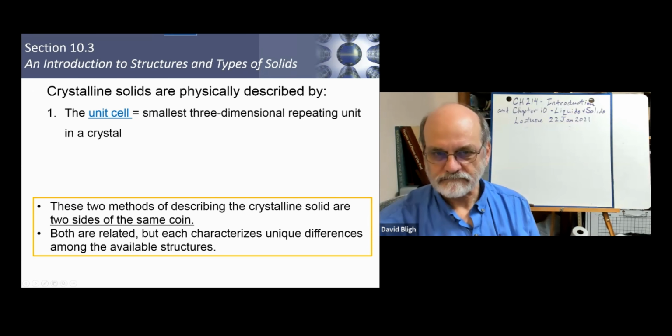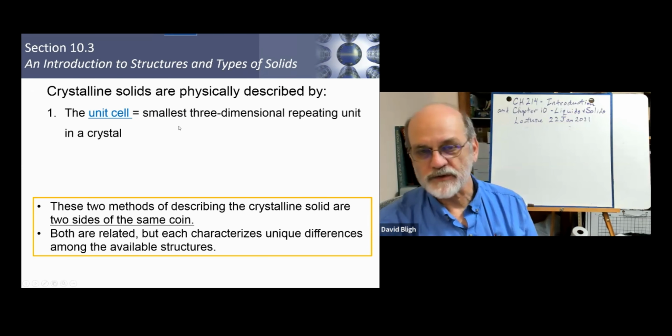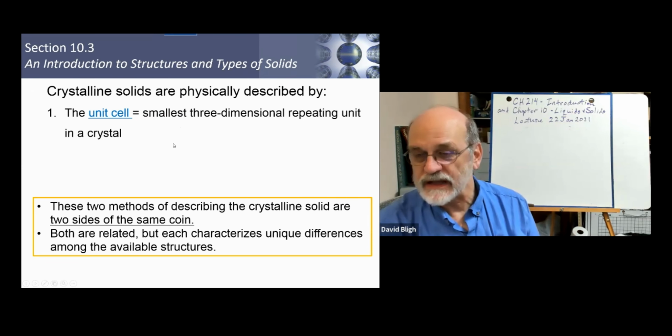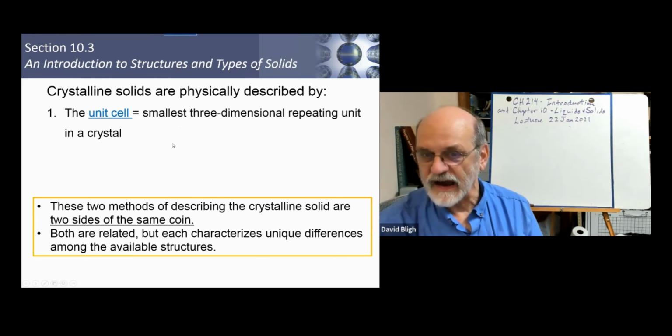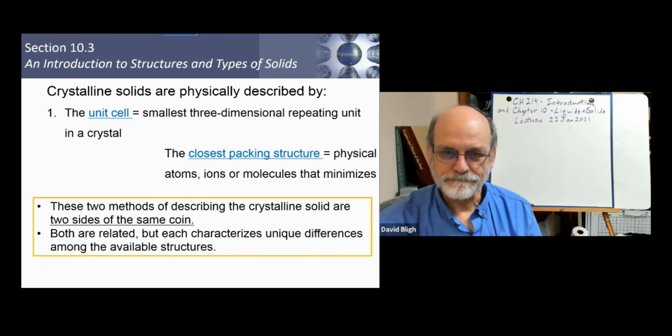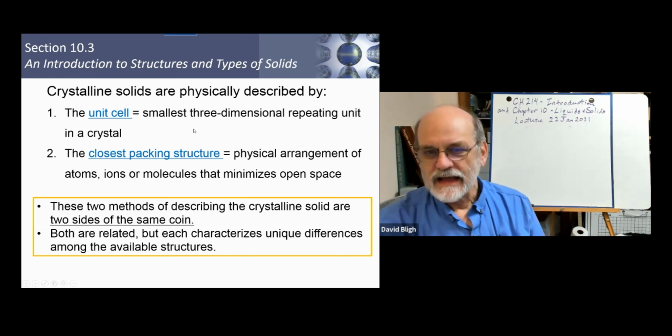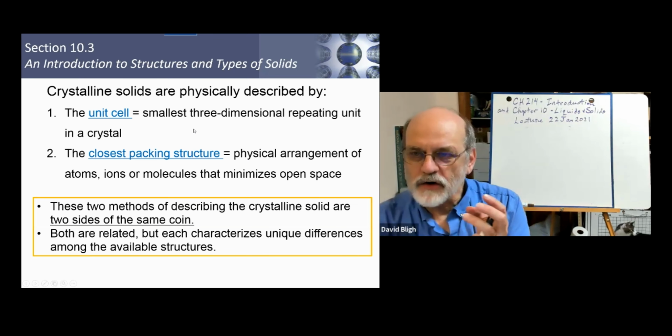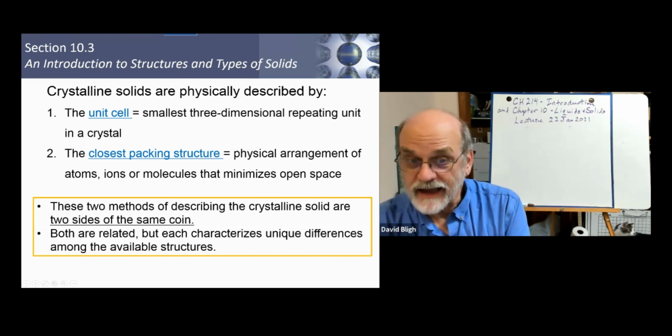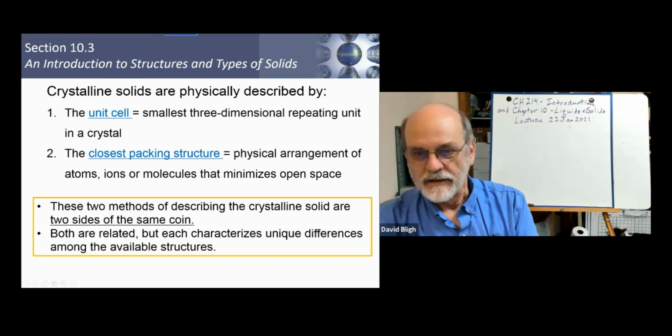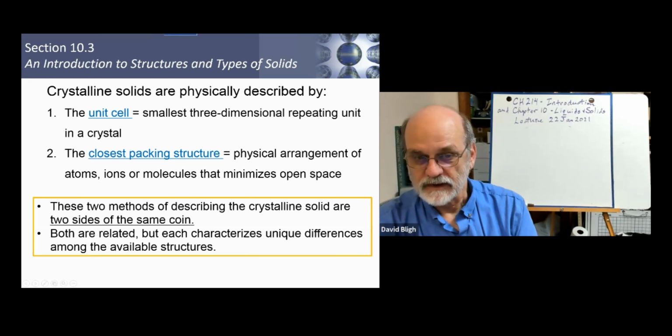Okay. The unit cell, we said before, was the smallest three-dimensional repeating unit in a crystal. That's a fact. Then we look to how those unit cells are packed together. The closest packing structure is the physical arrangement of any of these parts.